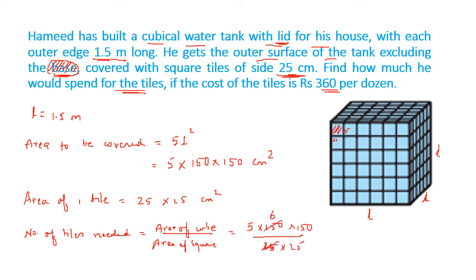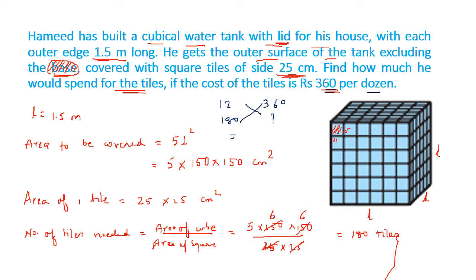25 ones are 25, 6 are... 5 sixes are 30, 36 are 180. 180 tiles are needed. But now what you can see, one dozen costs 360 rupees, and 1 dozen means 12 tiles. 12 tiles cost 360 rupees, so 180 tiles will cost how much?